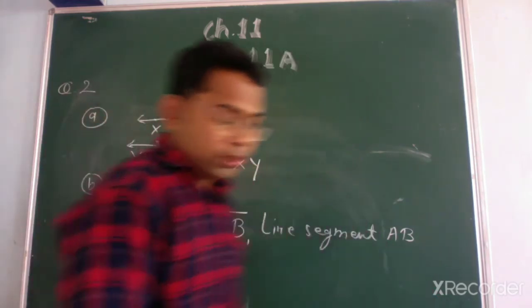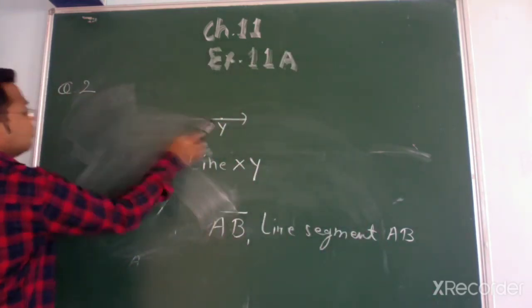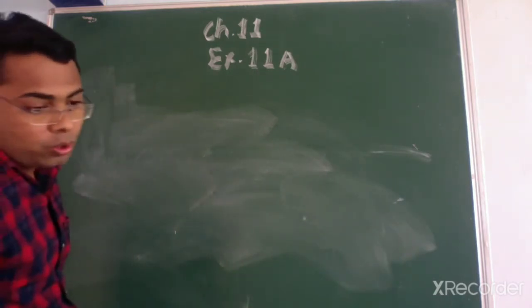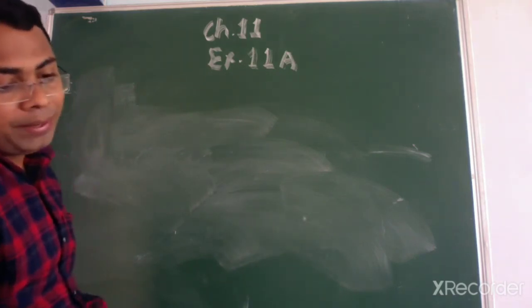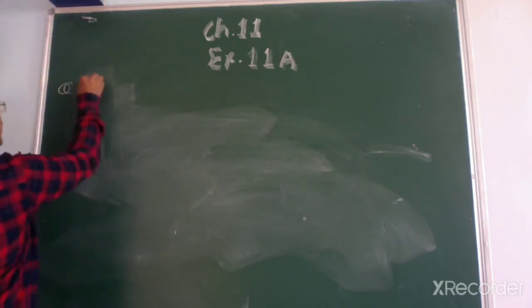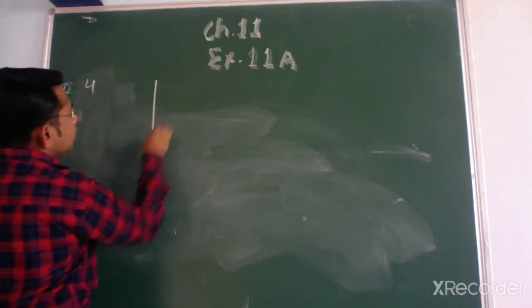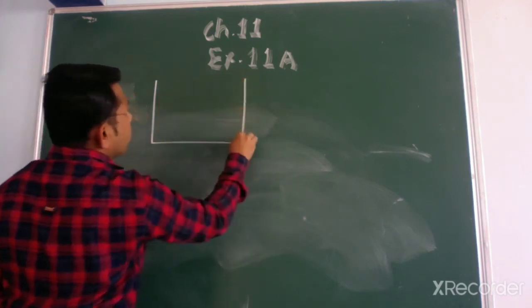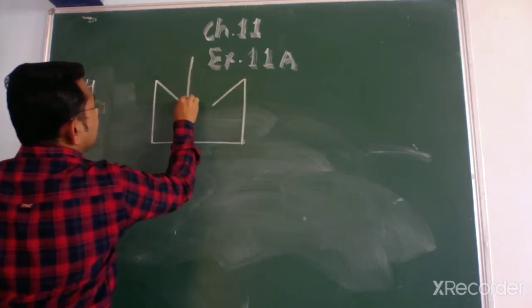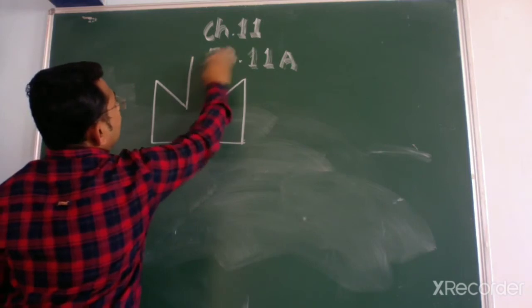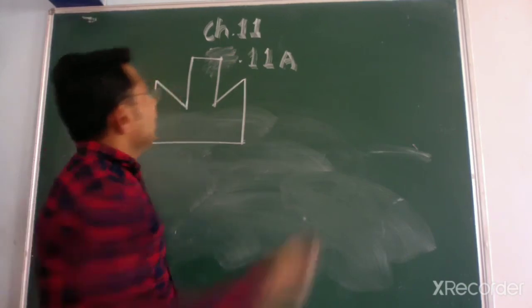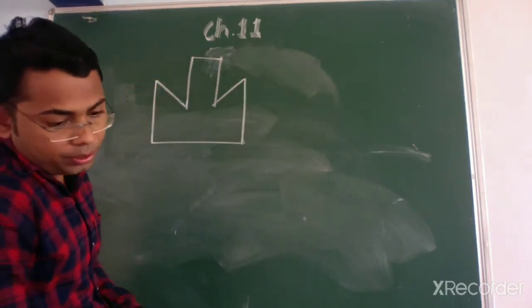Now we will solve question number 4. Your question number 4 is: count and name the line segments in the figure shown alongside. I am making the diagram here.